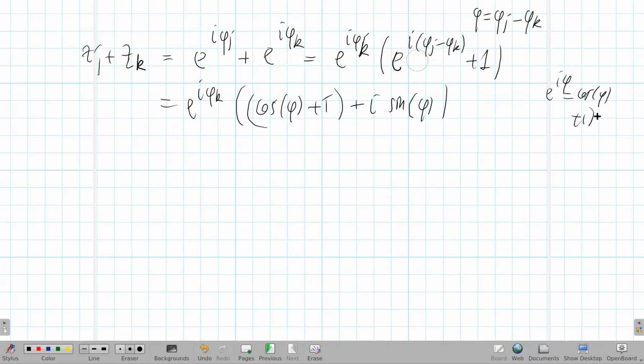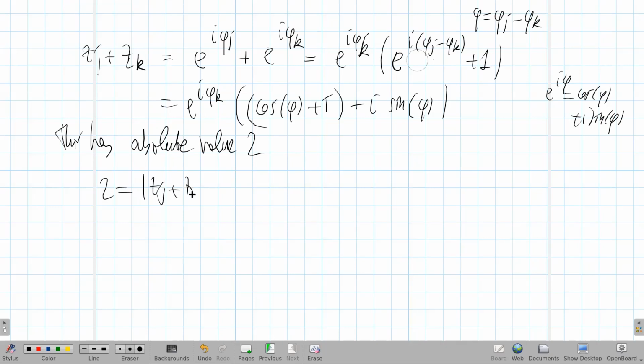Now, this element has absolute value 2, by the triangular inequality we proved. This part has absolute value 1, and this means that the whole thing has absolute value 2.